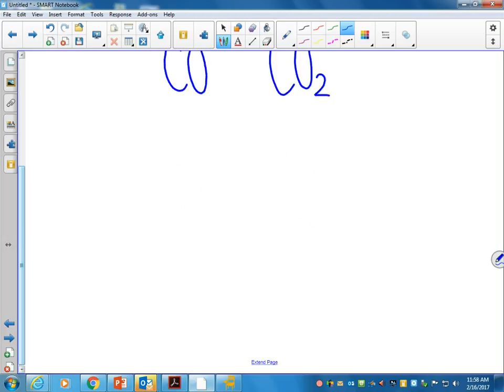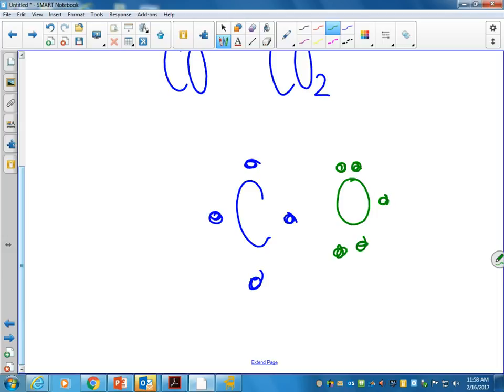Okay? So if we do this, one carbon, how many valence electrons on carbon? Well, that's the charge, plus or minus 4, but there's 4 valence electrons. So we go 1, 2, 3, 4. Now oxygen, we've drawn already, it has 6 valence electrons. We're doing carbon dioxide, right?